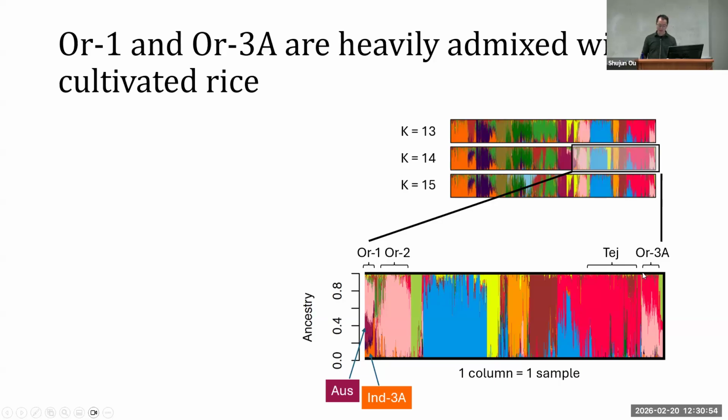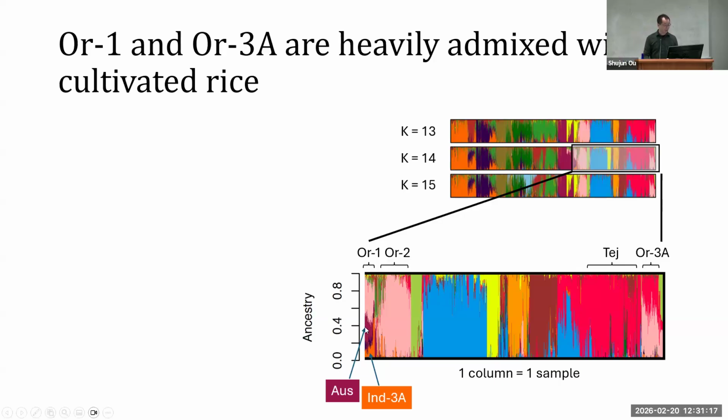This is happening because cultivar rice is strictly self-pollinating, but wild rice is open pollinated, and they usually share the same area. That means pollen from your cultivated rice can pollinate your wild rice, which is receiving introgression constantly. That's why you saw this heavy admixture.